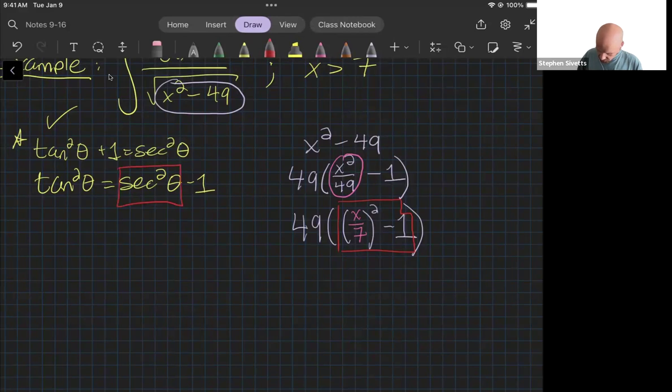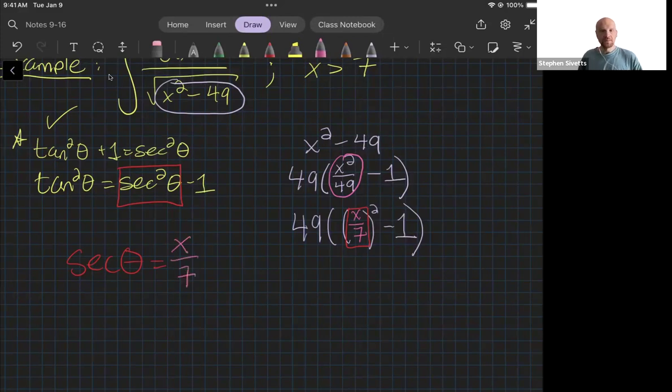It actually matches with this x over 7 quantity here. And there's also a minus 1 here and a minus 1 here. So if we just match up the terms, what we will get is we can say secant of theta is equal to x over 7.